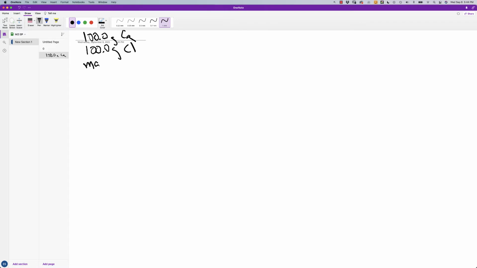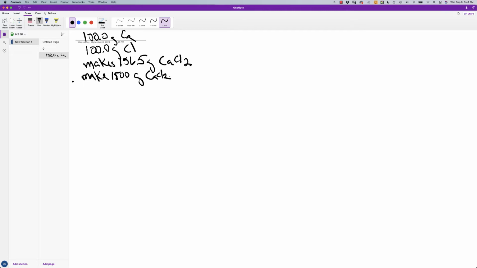This makes 156.5 grams of calcium chloride. Okay, wow, my handwriting is terrible on here. And they want to know what we need to make 1,500 grams of calcium chloride.